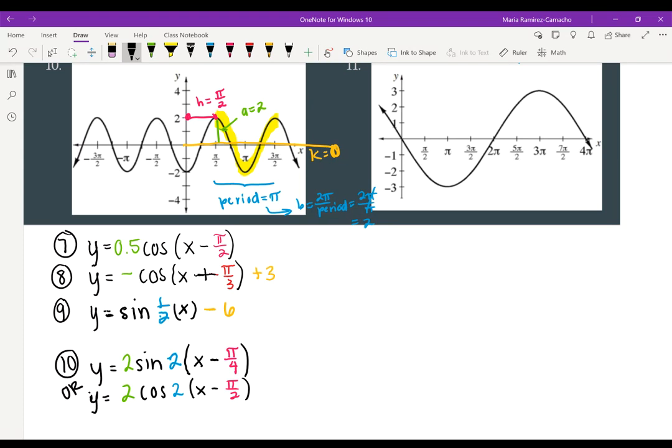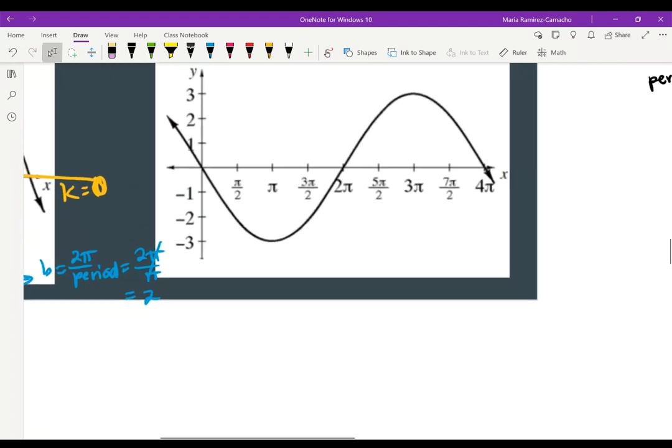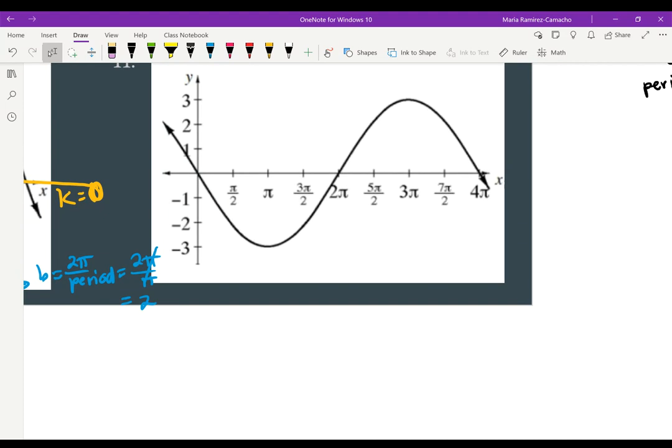Okay, last but not least, number 11. I'll zoom in here. The most obvious shape to me here would be the sine curve. So I'm just going to create a sine equation from this. Notice that we are going down to the minimum first and then up to the maximum.